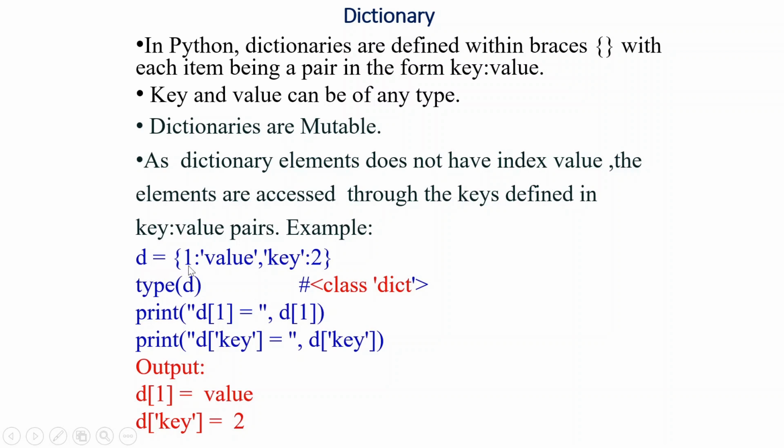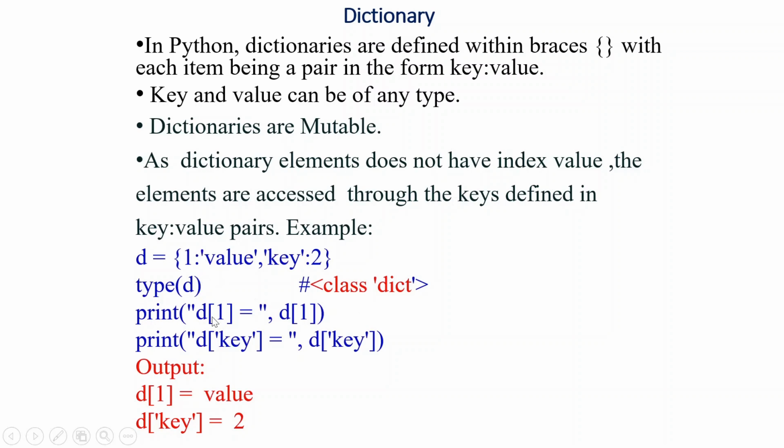So we can assign here D is equal to, inside the curly brackets, 1 is your key which is assigned the value, and the second is a key which is assigned the value 2. So the type of D is nothing but a dictionary, so it will print like this. This is dict. If we are going to print the value of D of 1, the indexing is there. We can take the data, but indexing is accessed only by using the key.